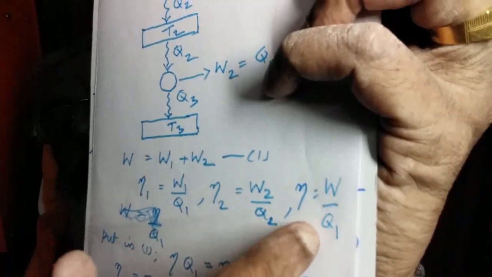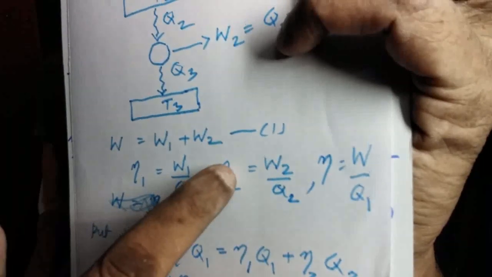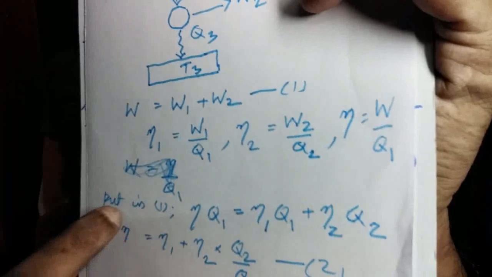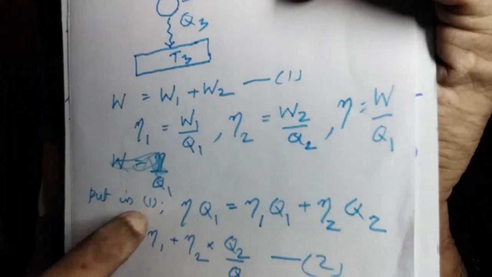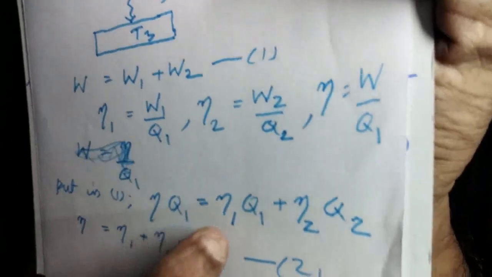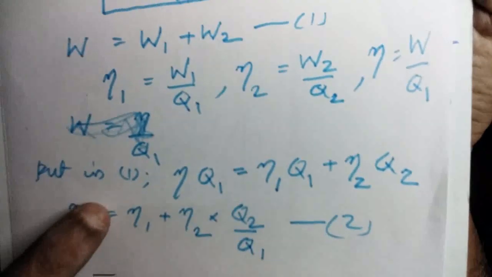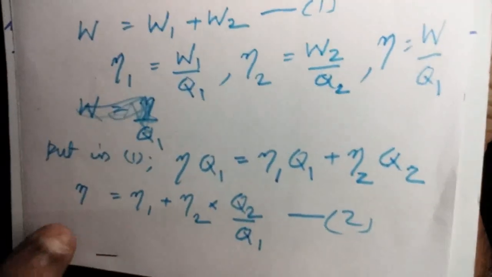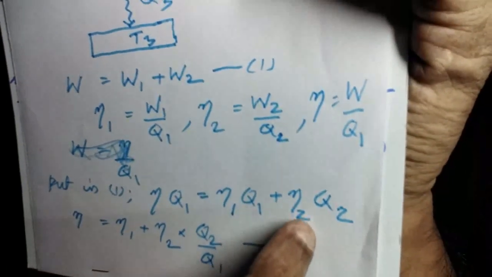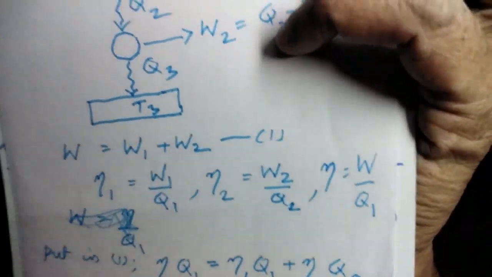In the place of W2 is eta 2 into Q2. You substitute these values in first equation, you get eta into Q1 for W equals eta 1 Q1 plus eta 2 Q2. You divide the whole equation by Q1. Then you get eta equals eta 1 plus eta 2 into Q2 by Q1. That is equation number 2.